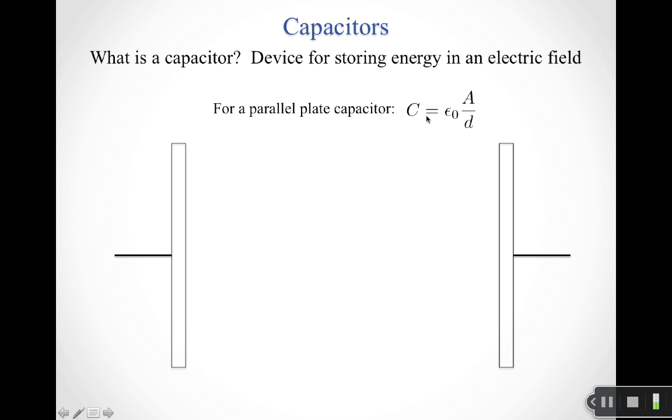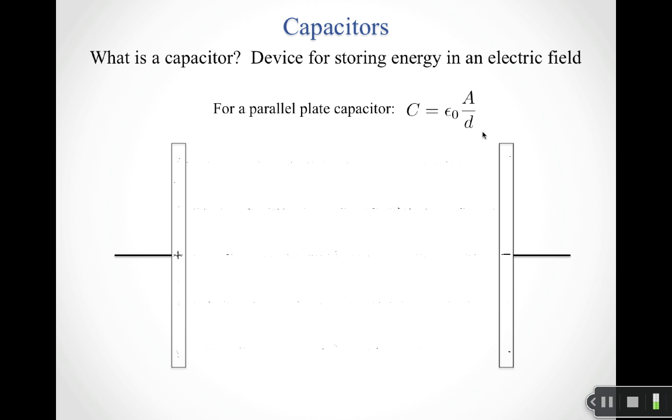So I can calculate the capacitance for any parallel plate capacitor using our constant epsilon naught, times the area of the plates, divided by the distance between them. So you'll notice that the capacitance depends only on the geometry of the capacitor that you've built. You've built plates with a certain area, you've separated them by a certain distance. That's actually all the capacitance cares about.